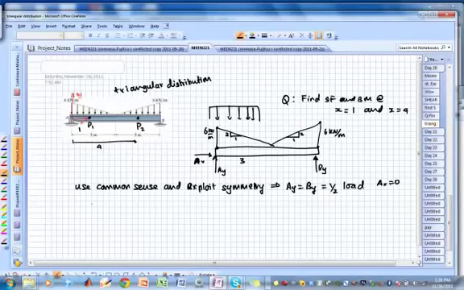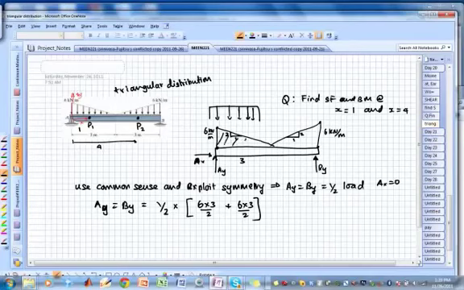So it's pretty easy to see AY equal to BY equals 1/2 times the total load, which is 6 times 3/2 plus 6 times 3/2.